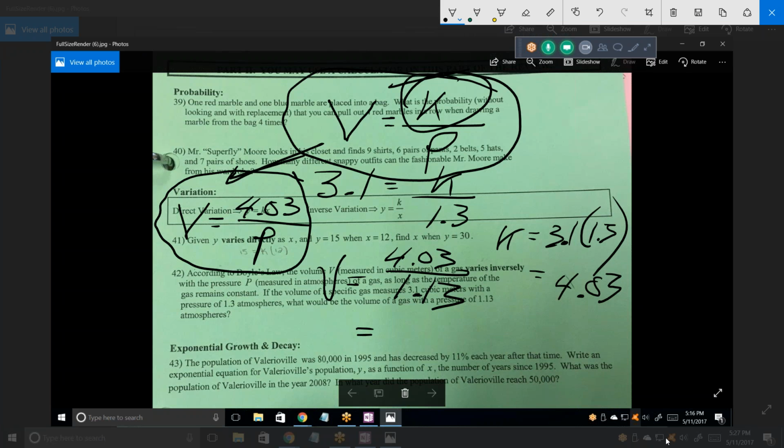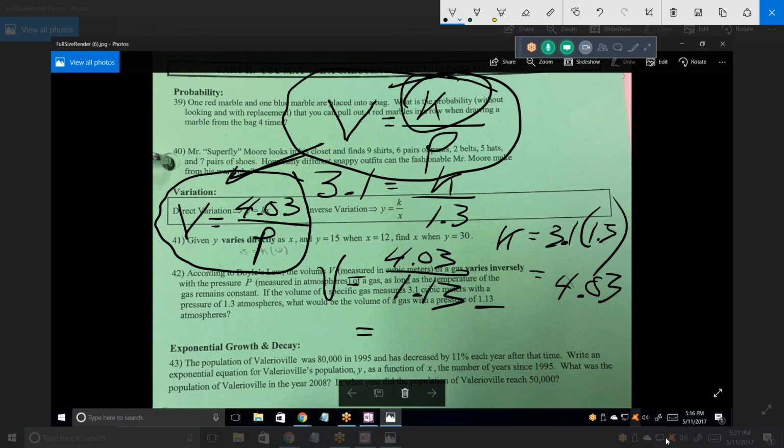You could figure out the volume given any pressure they give you. They're giving us a pressure of 1.13, so we divide 4.03 by 1.13. But they might have given a different pressure. They could ask 3 more questions with 3 different pressures. They might even give you a volume and ask for the pressure.